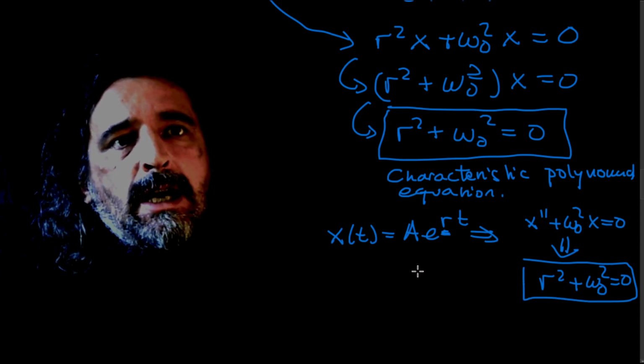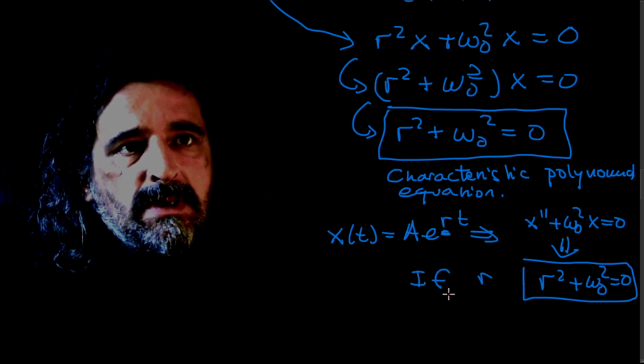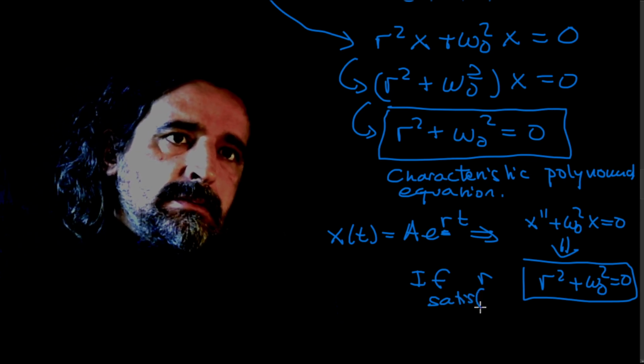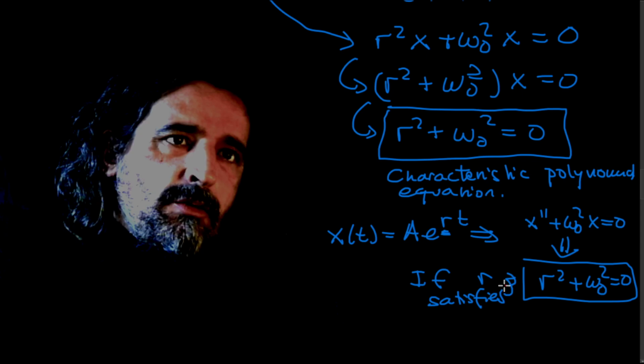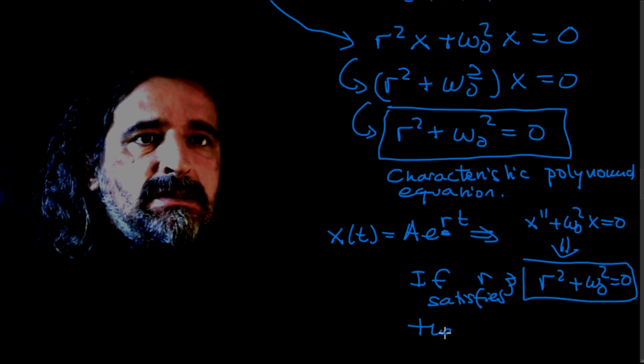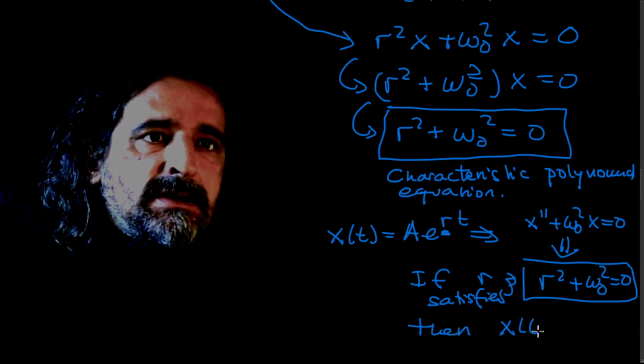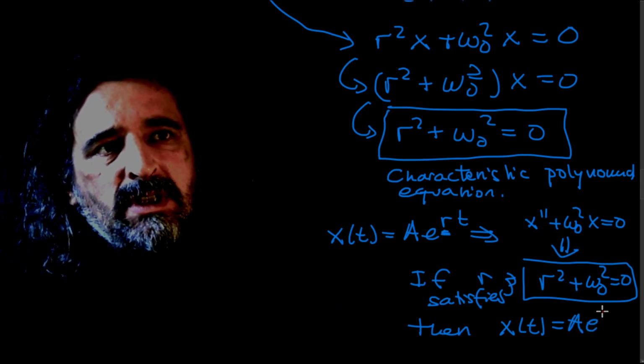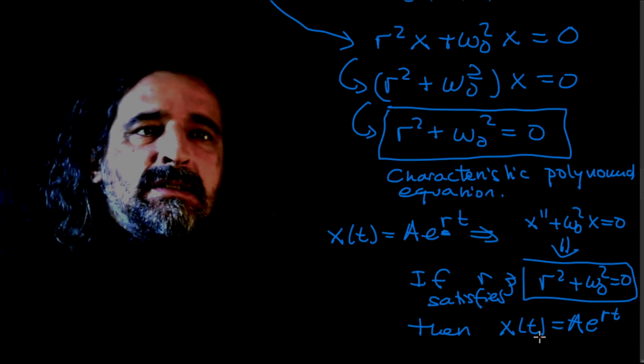So if r satisfies this equation, then x of t equals a times e to the rt is a solution.